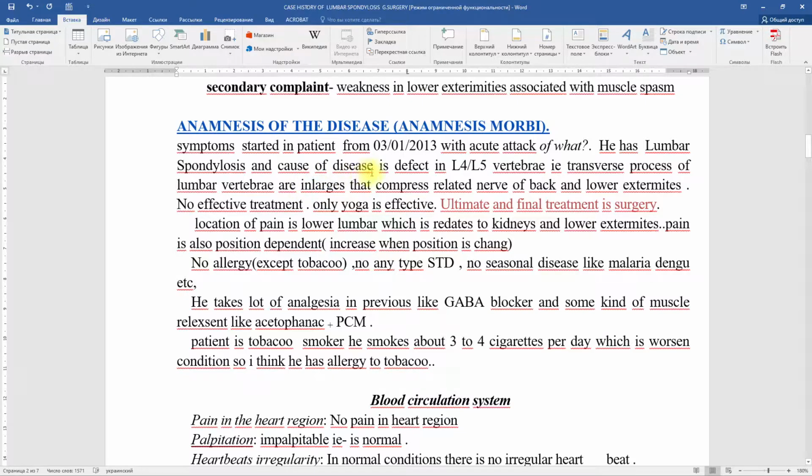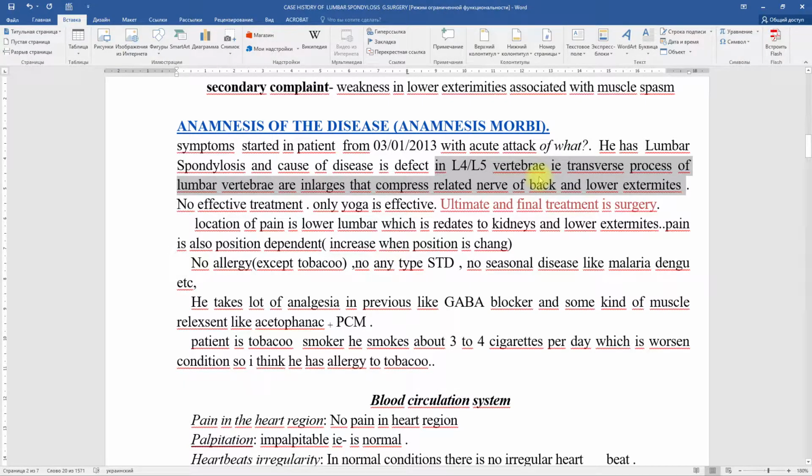The cause of disease is the defect in L4, L5 vertebrae, transverse process enlarged and compressed. So this is pathogenesis of the disease. This is what you have to write after everything. This is not what you write in the anamnestic part.